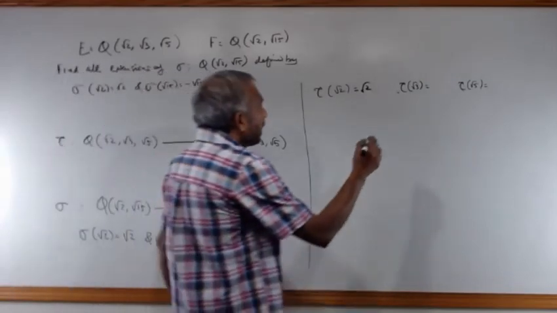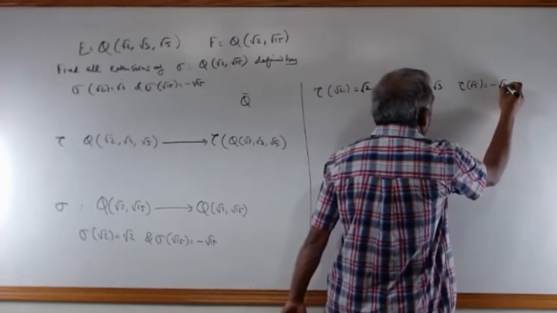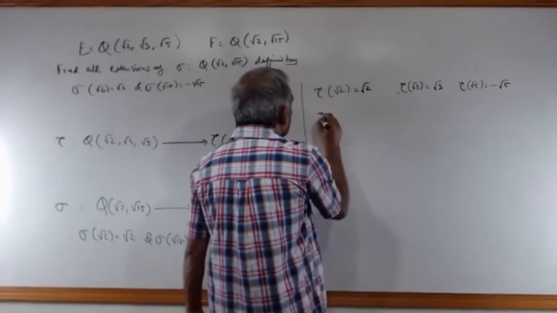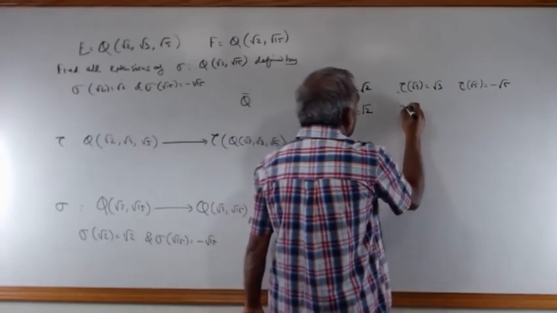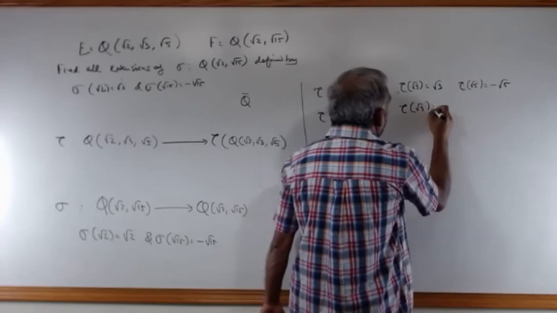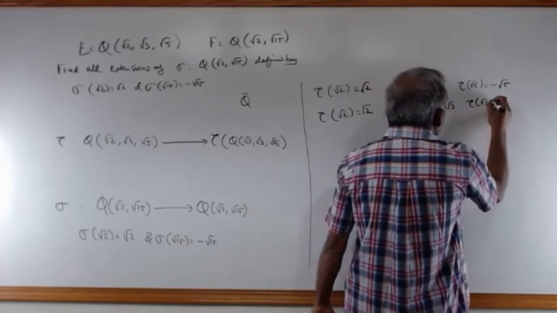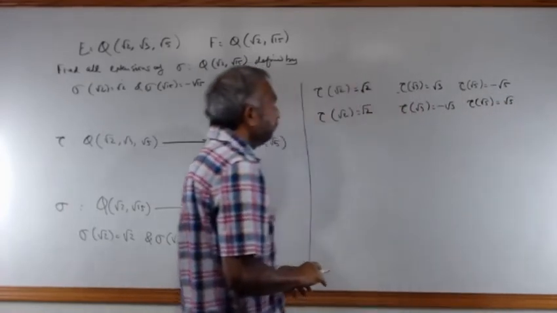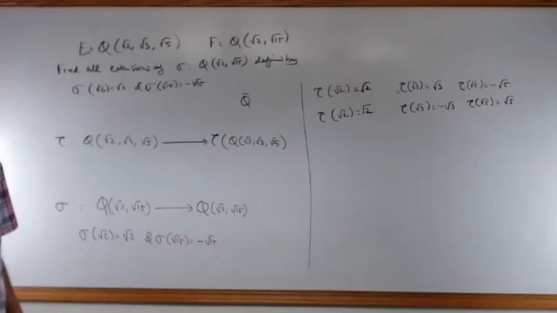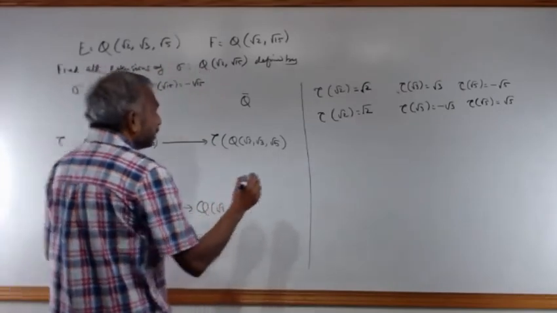You can either have root 3 and minus root 5, or minus root 3, comma, so the extensions of sigma.